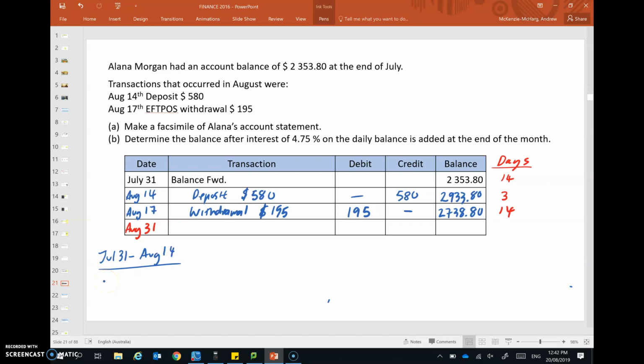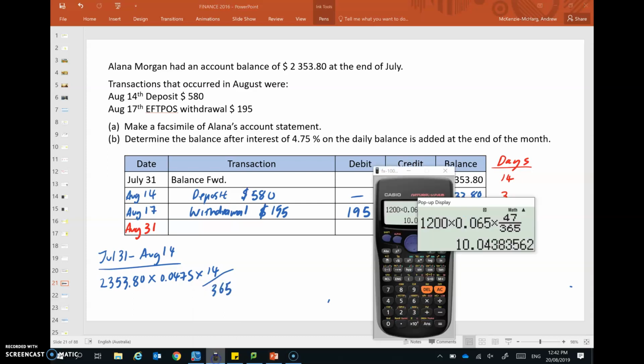The balance is our principal, 2,353.80, multiplied by 4.75%, so 0.0475. Now the time is those number of days over 365. So it was for 14 days over 365 to convert that to years.